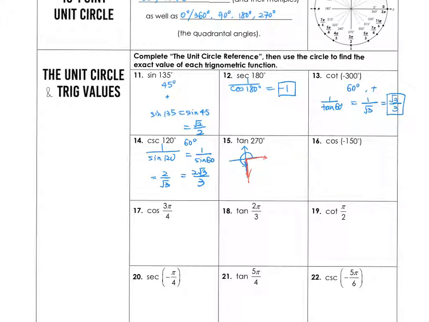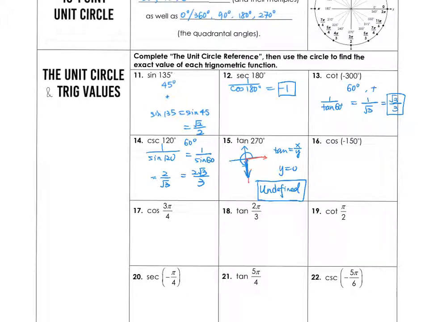Now, tangent equals y over x, and the x value on this part is 0. So x equals 0. Therefore, anything divided by 0 is undefined. So when tangent has a quadrantal angle, there can be an undefined value.